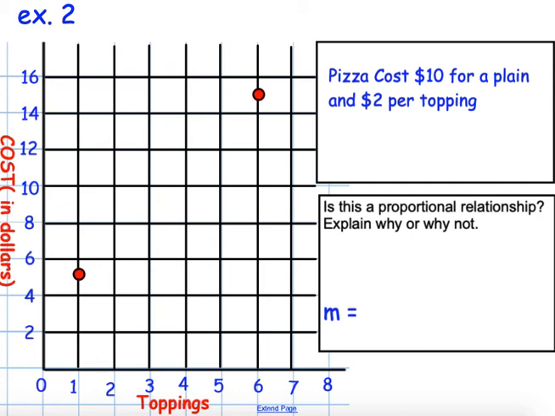All right, let's make a line and see what this looks like. It's kind of close to what he's talking about. Maybe I've got to adjust it a little bit. So does this fit that pizza? How much would a plain pizza cost? $3, maybe a little over 3. Not working.